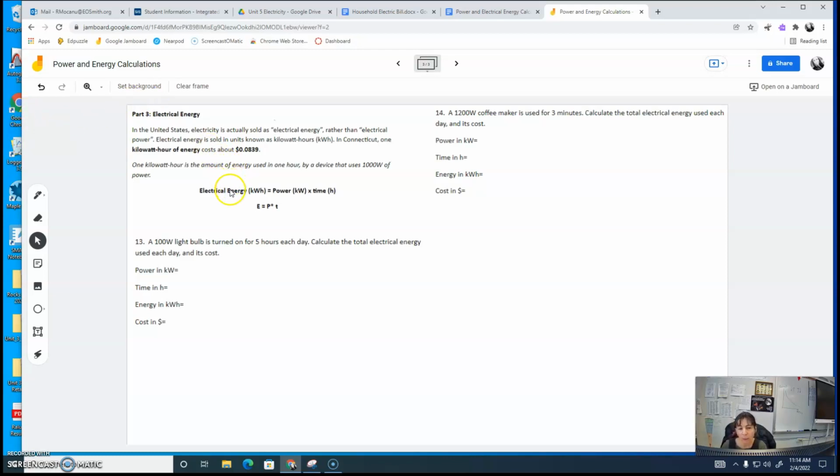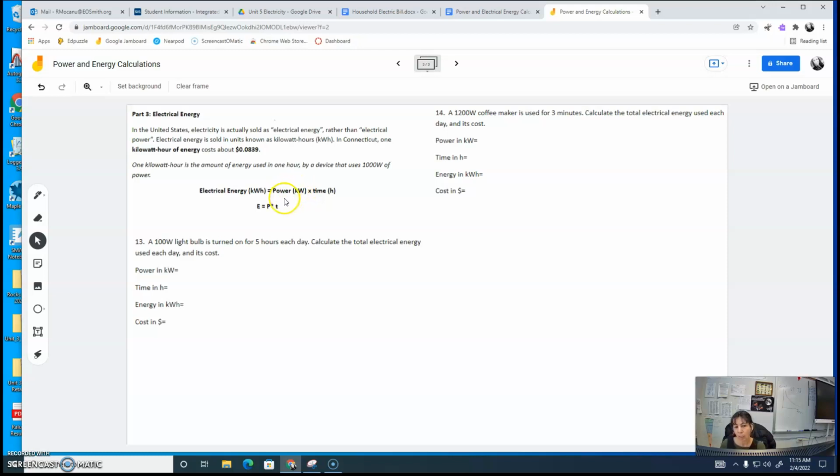Electrical energy is simply defined by the formula of power times time, as given to you here. So all kinds of appliances in our homes, like a light bulb, a stove, a hair dryer, anything like that has a power associated with it, so a number of watts or kilowatts.